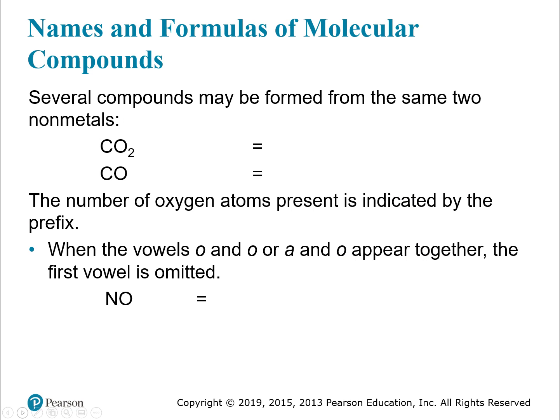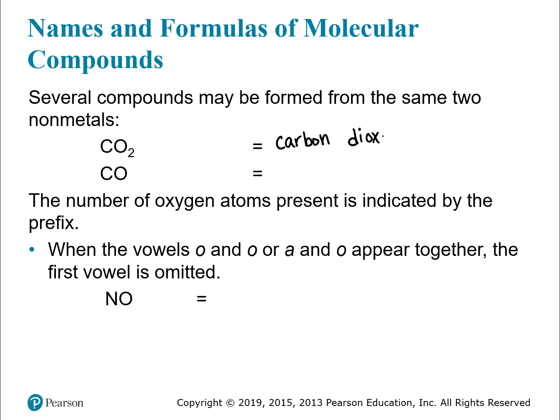So with these molecular compounds, you can have the same two elements, but form multiple different compounds. So if you've got CO2, you name the first, that's carbon. Then you name the second and include information about how many there are, right? Di means two.